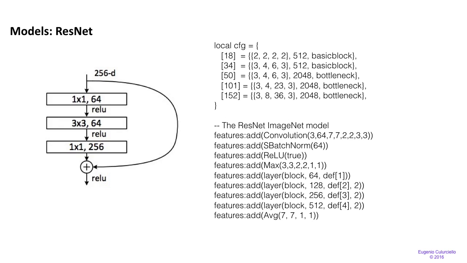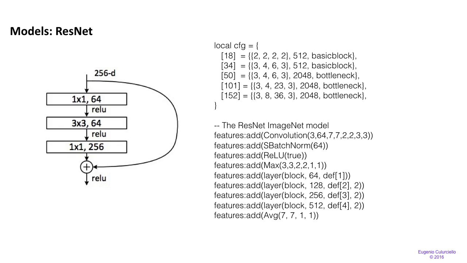And then you can create different kinds of ResNet: 18, 34, 50, 101, or 152 layers. This is the one that won the ImageNet competition just last year, at the end of last year. And it's actually quite simple to create the ImageNet model. This one has only a convolution 3 to 64, a ReLU, a max pooling with overlapping, and then it has this layer of bottleneck.